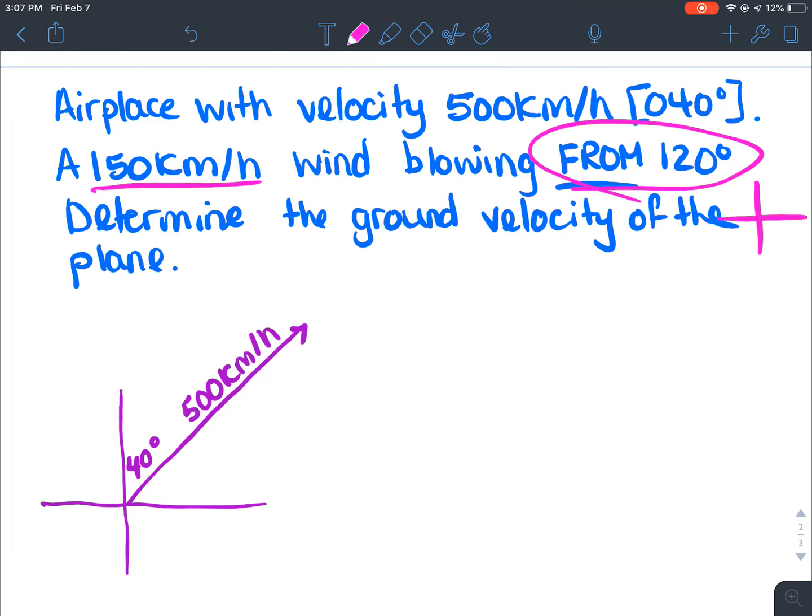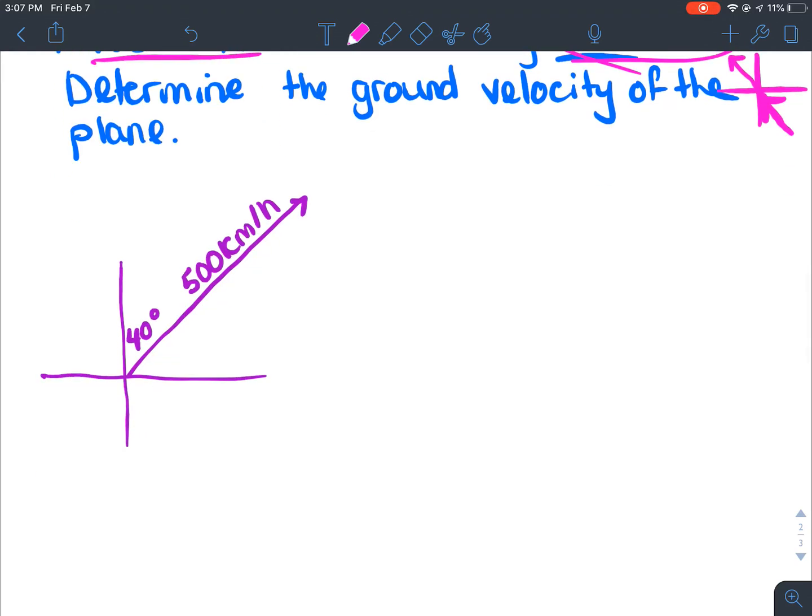So I'm going to just sketch that over here for you. 120 degrees is going to be in this quadrant, and if it's coming from 120, that means it's going in this direction. So it's actually looking like this, right? I actually think the easiest thing to do here is to add a vector here.